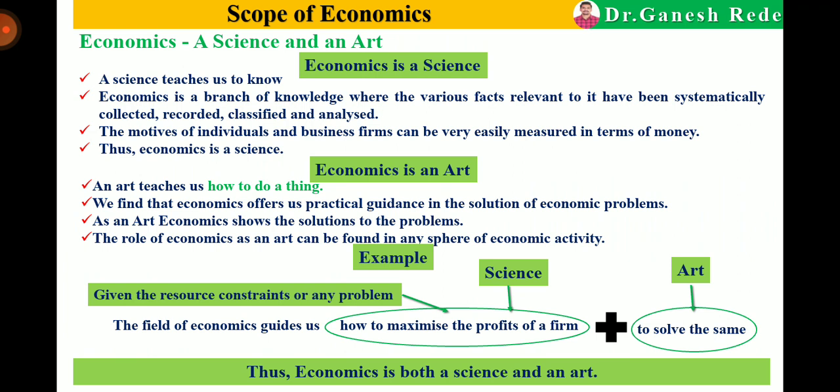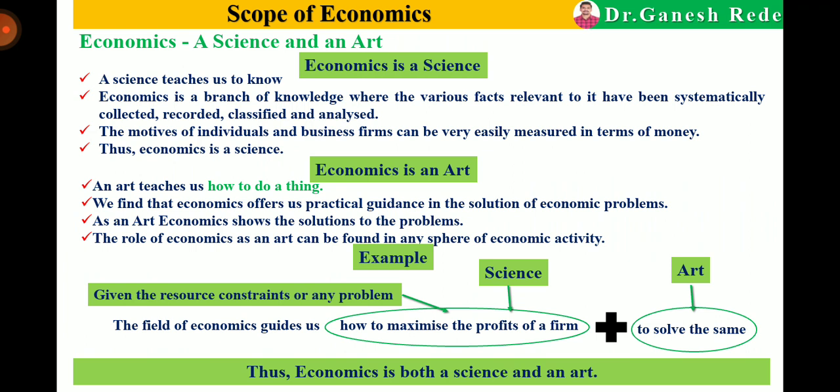Now next is the scope of economics. If you want to know the scope of economics, you must know whether economics is a science or an art. First, if we think of economics as a science, science teaches us to know about something.